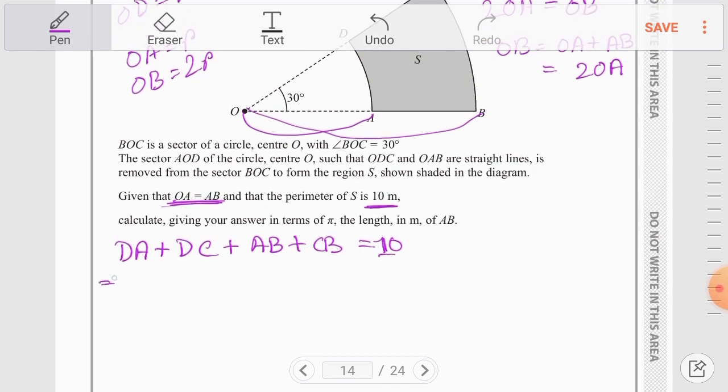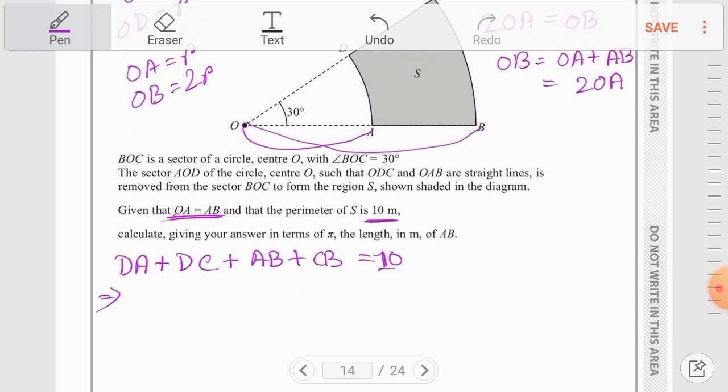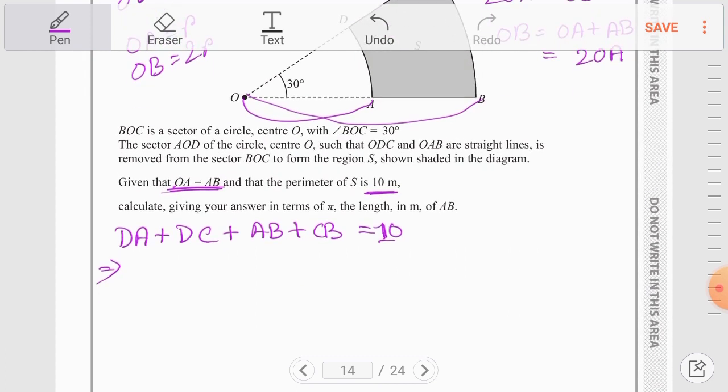So we need to find the length of DA, and as we can see, DA is the arc length of the sector DOA. So we can write the arc length of DA as 30 divided by 360 into 2 pi OA.